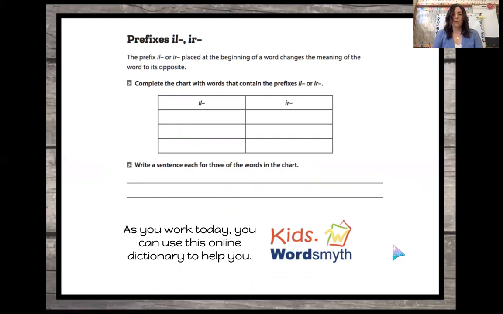And then you are going to choose 3 of the words that you wrote in the chart and write sentences for them. Remember when you write your sentences that you want to make the meaning of the word obvious. So for example, if I was going to use the word irrecoverable, I might say, my computer crashed while I was doing my classwork, and thankfully all of my files are not irrecoverable because I was able to get them back.